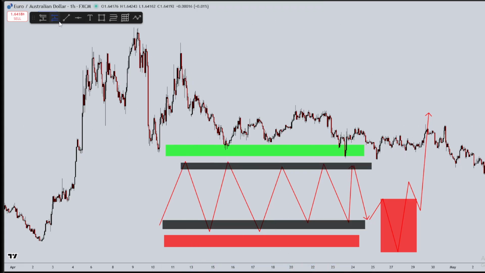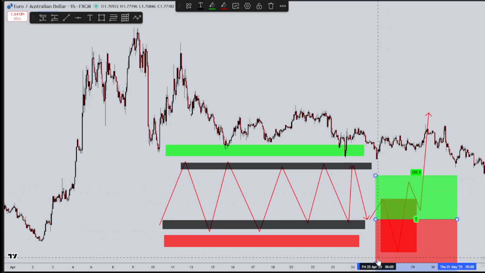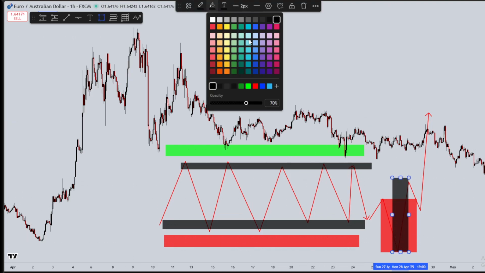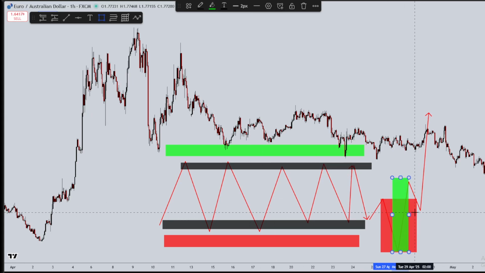So naturally, as price comes down to support, they'll be buying, and their sell orders or their sell stops are below. So this manipulation is that sell-off in order to trigger all of these sell orders, but with the intent to actually go higher. So here we open up these strong buy positions.